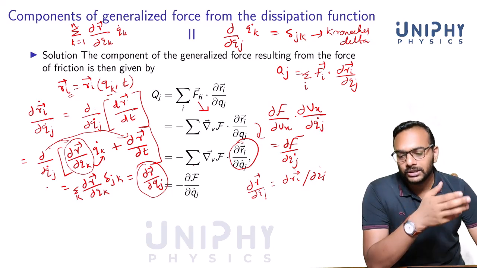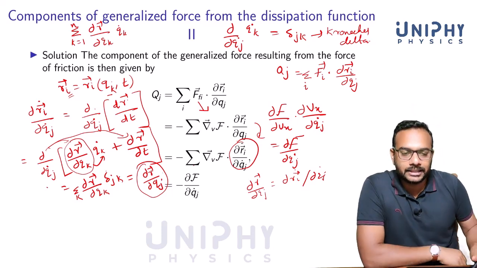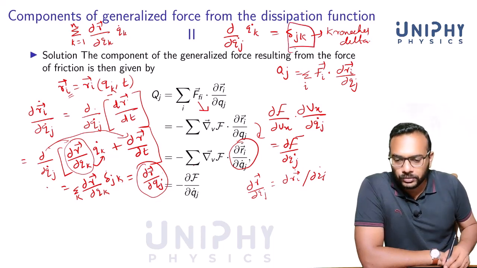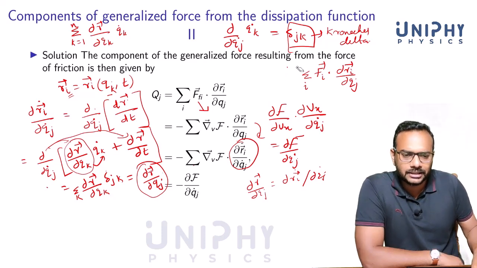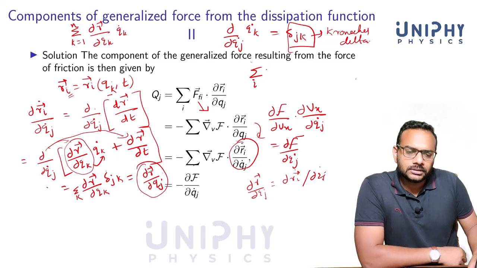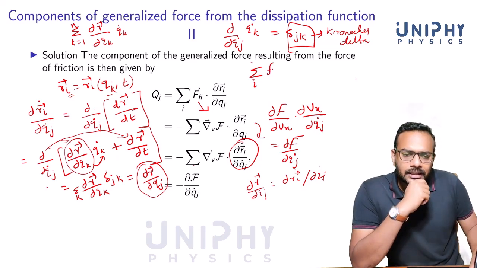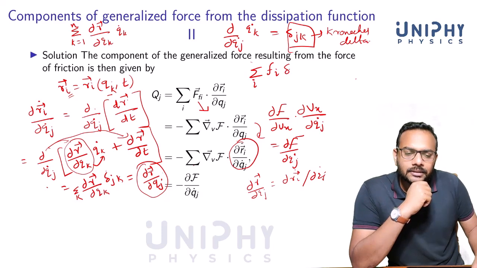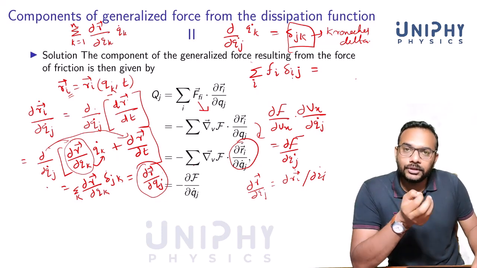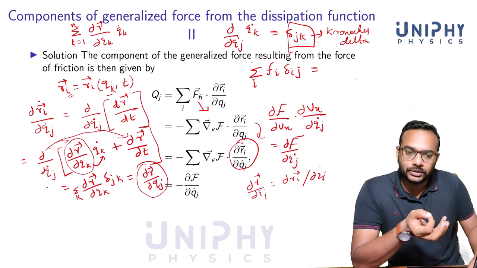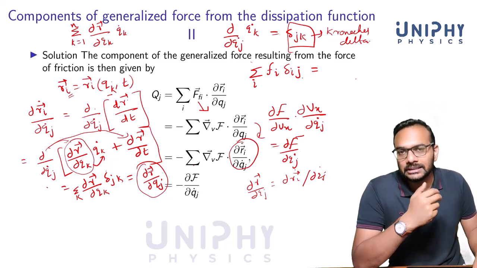I wanted to explain this because we will be using this Kronecker delta and this particular property now and then. Generally, if you have some object with index i, let's say a summation over i of f_i delta ij, this means that you are summing over all i, but the only non-zero term is when i is equal to j.